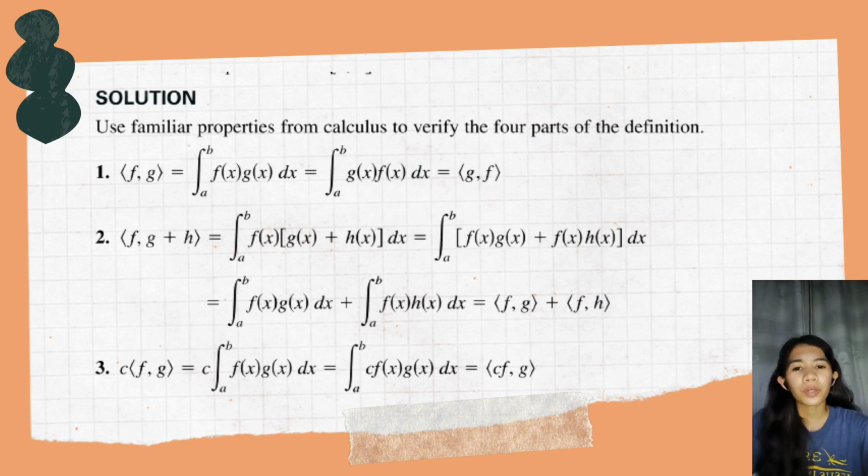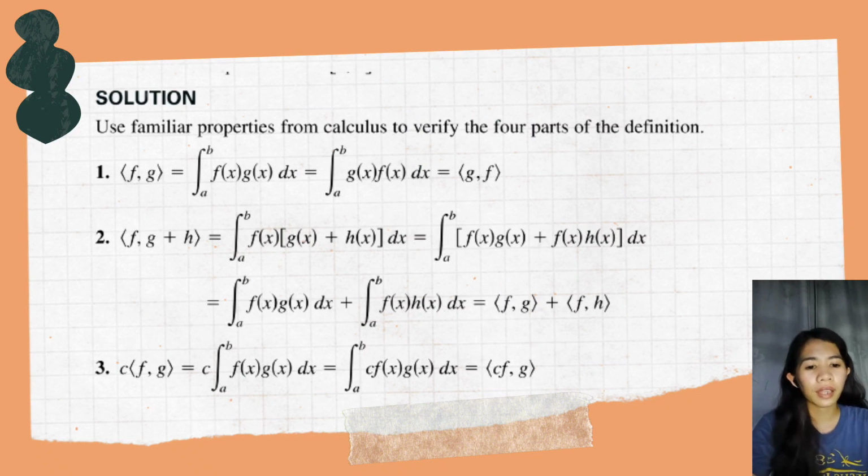Here the integral of f of x times g of x dx is your inner product for f and g, while the integral of f of x times h of x dx is your inner product for f and h.